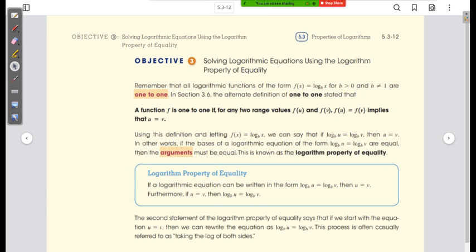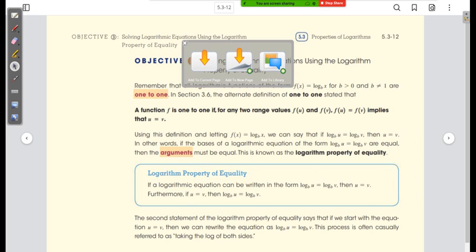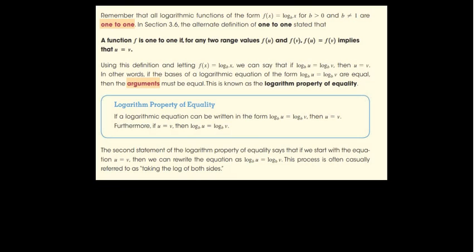All right. Now we're going to be solving. As this reads, remember that all logarithmic functions of the form f of x equals log base b of x are 1-to-1. In section 3.6, the alternate definition of 1-to-1 is stated.